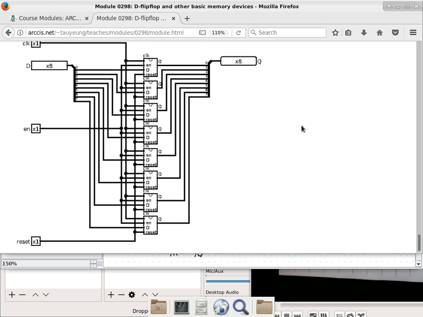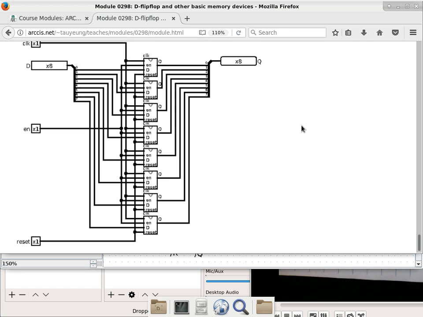That's all it does. You present the 8-bit content you want to store in D. Make sure reset is high so you're not resetting the device. Make sure EN is 1 to enable the device. And whenever clock goes from 0 to 1, it will update all of these D flip-flops, and will at the same time update Q to be the content that you want it to update to.